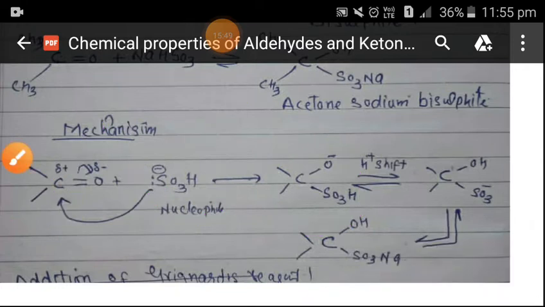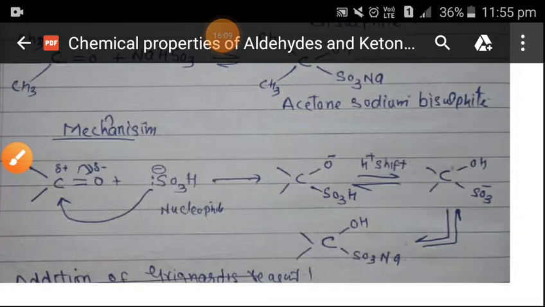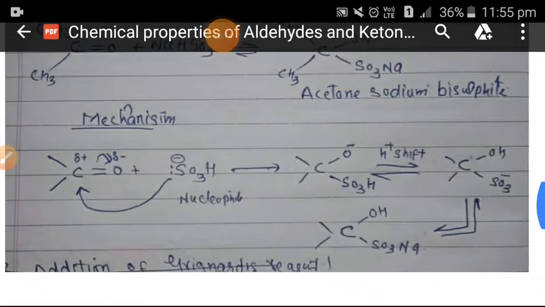But here a hydrogen shift takes place. The hydrogen connected with the sulfur in SO3H will get shifted from there to this oxygen negative ion, which further results in the formation of the addition product in presence of sodium.